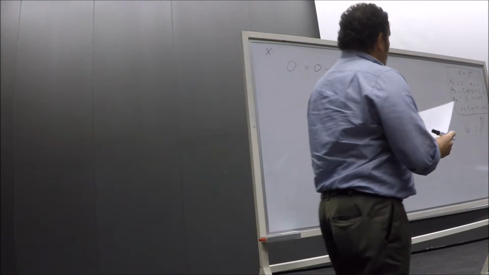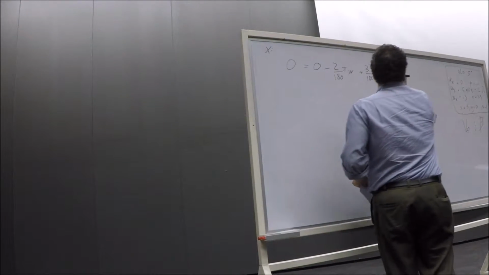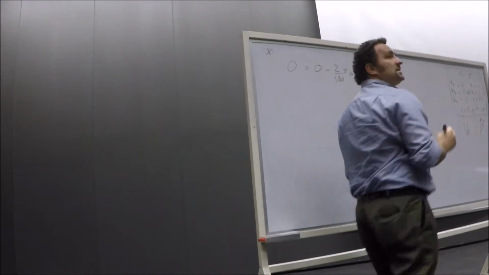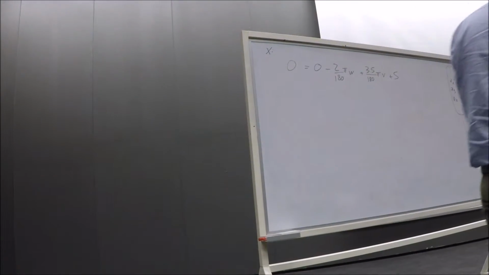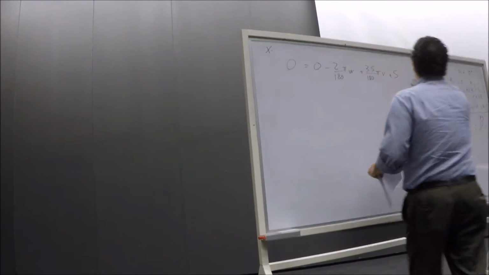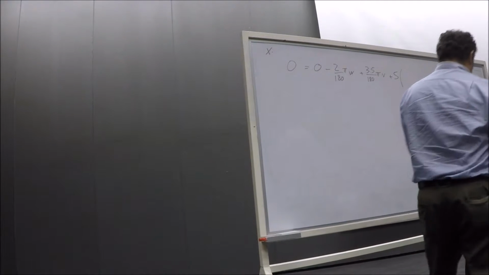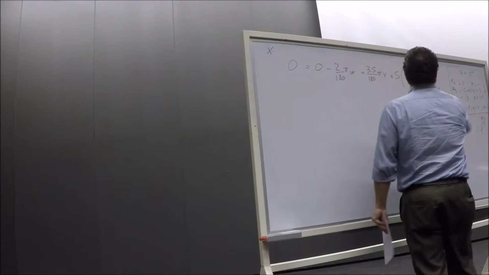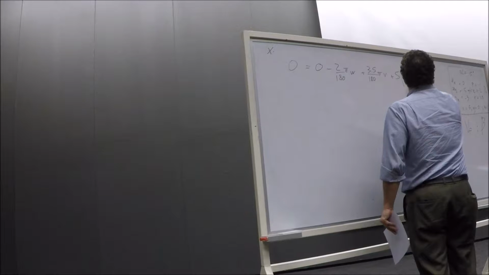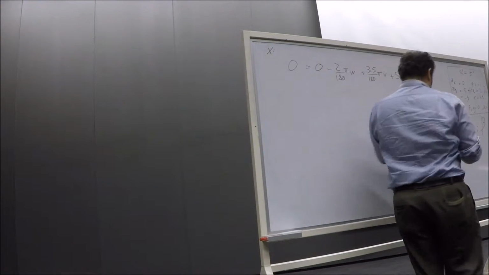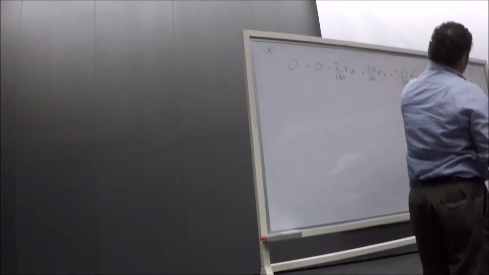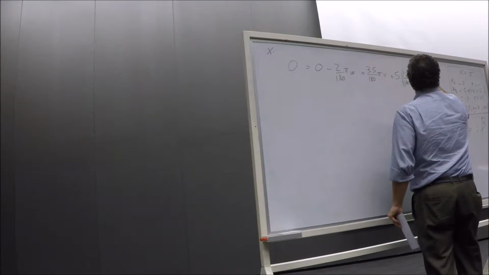Then we have plus the x distance for the accelerometer pack, which is 5 meters, multiplied by q square plus r square. So q square is 2, and r square is 3.5.